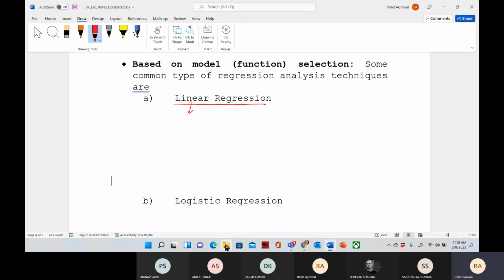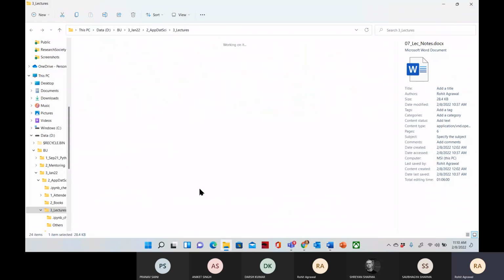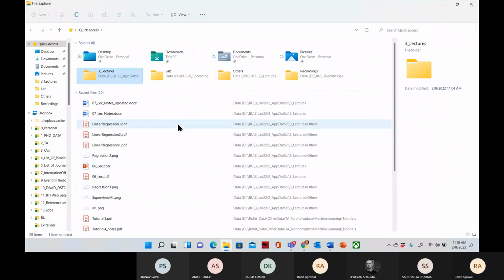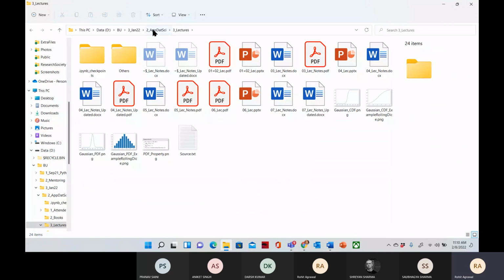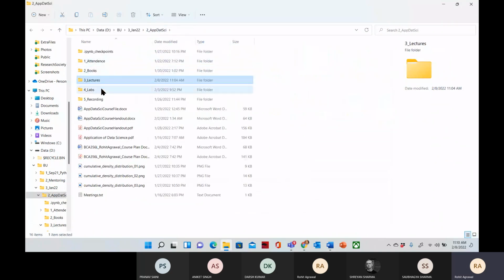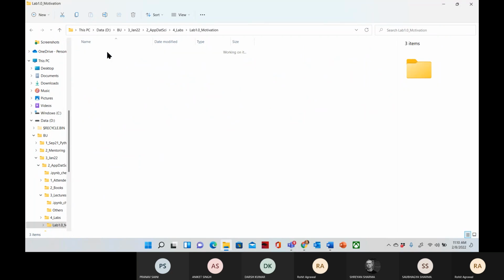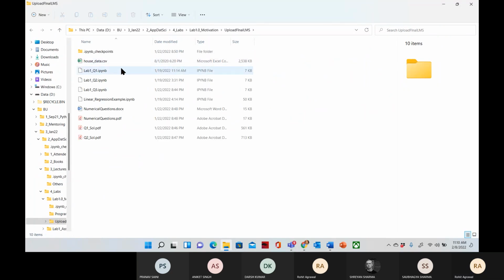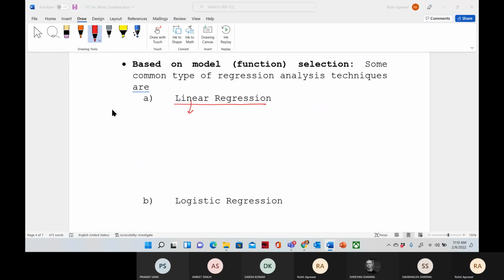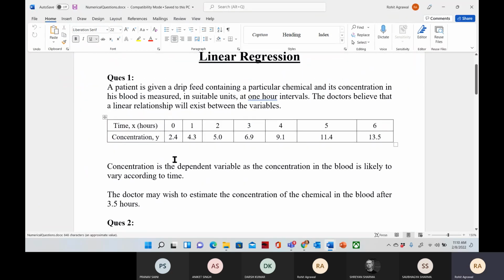I can show you the examples. Okay. Sorry, application of data science. If you remember, suppose we have this kind of data, times and concentrations.